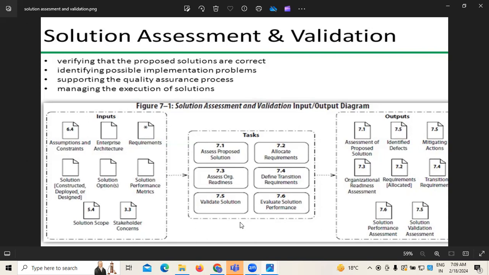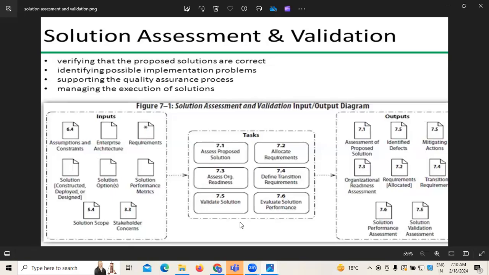So to what extent is a cloud-based point of sale system possible and viable, to what extent can it satisfy the needs of the customer, how much time will it take, which cloud service provider do we want to use? All these things come under solution assessment and validation.